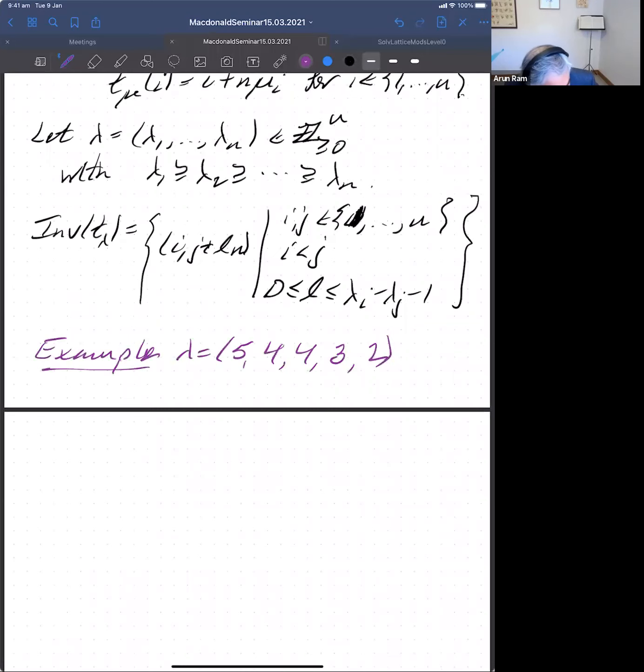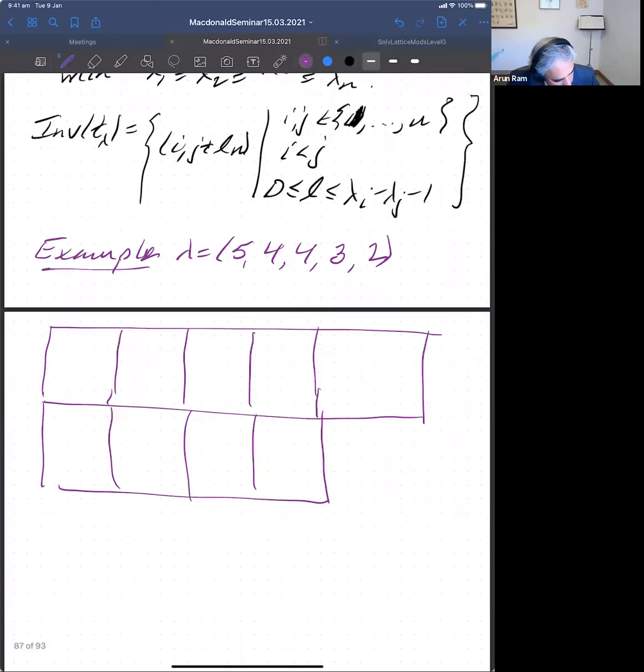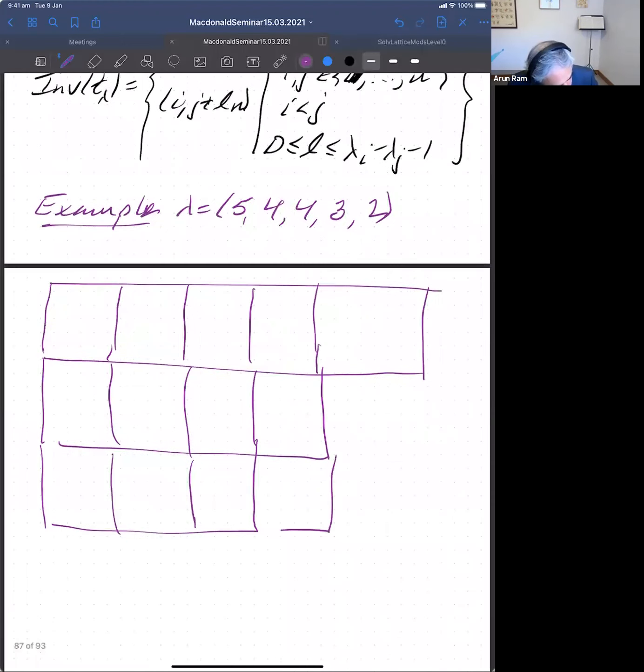So that means that I have 5 boxes in the first row, 4 boxes in the second row, 4 boxes in the third row, 3 boxes in the fourth row, and 2 boxes in the fifth row.